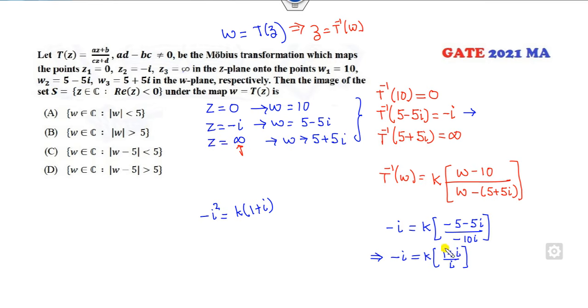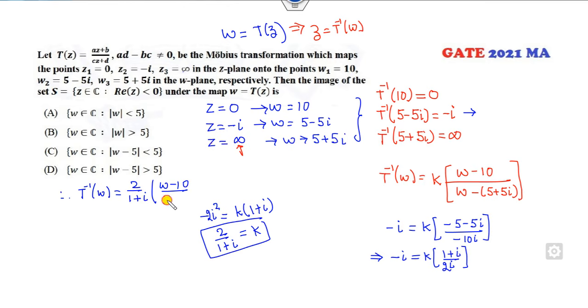So k will be 2 over 1 plus iota. Fine. You can check your calculation. Therefore the inverse of w will be 2 over 1 plus iota times w minus 10 over this value.